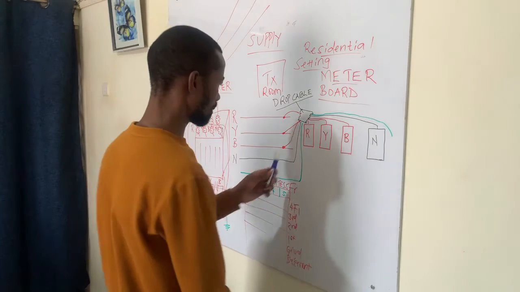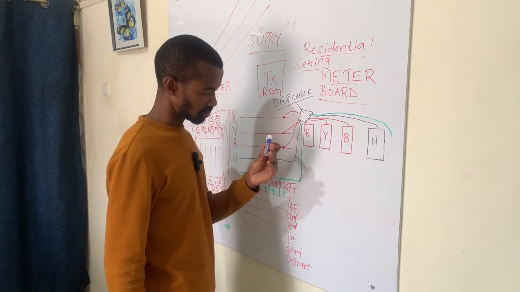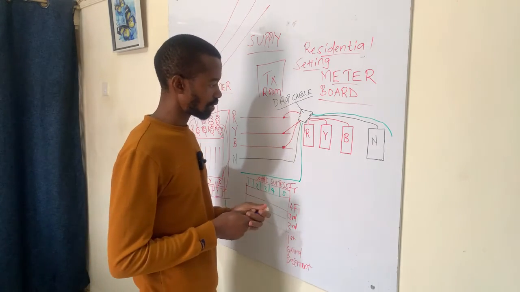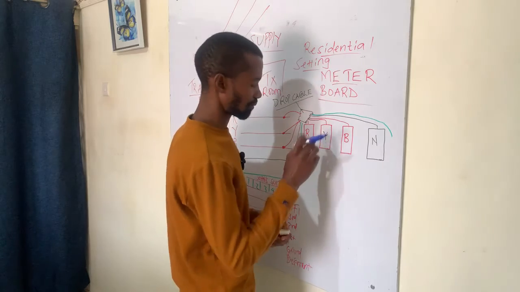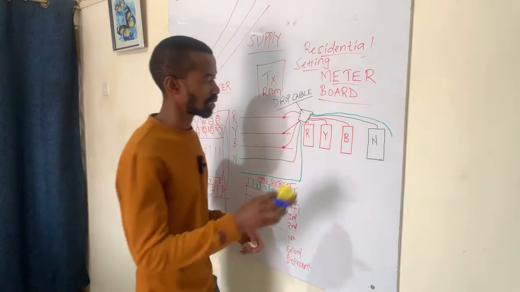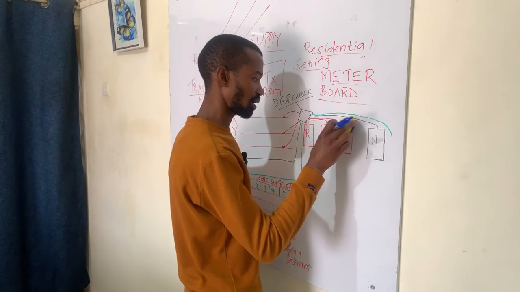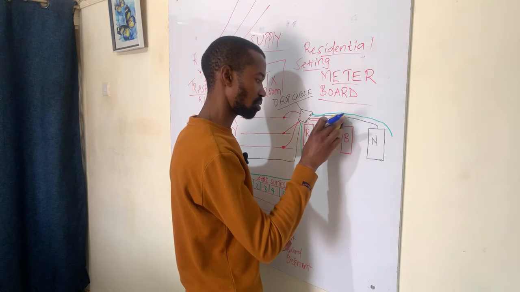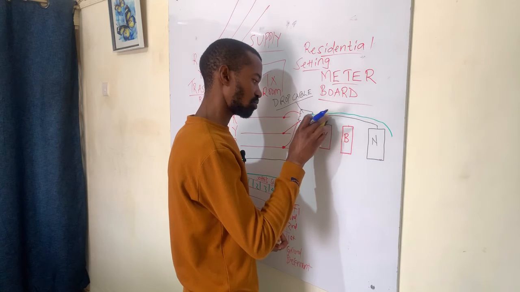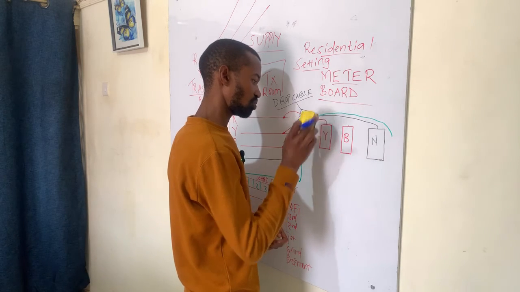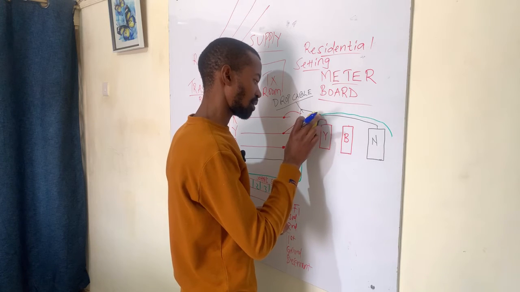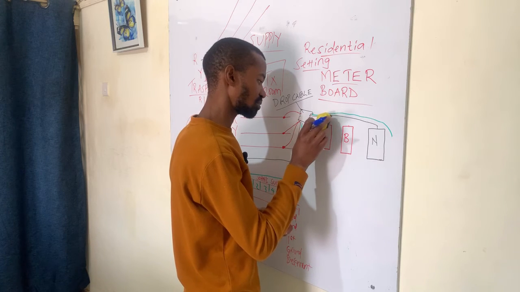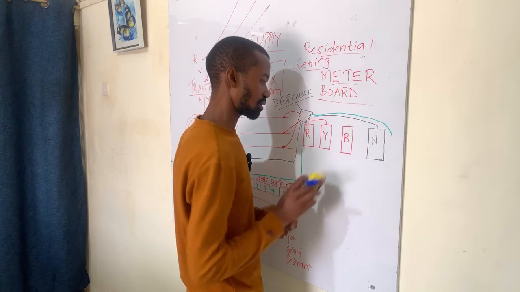So if it is the blue phase, and I've been using this red marker here without knowing that I had a blue. So just to make sure that everything is okay, let me use at least a different coloring there.